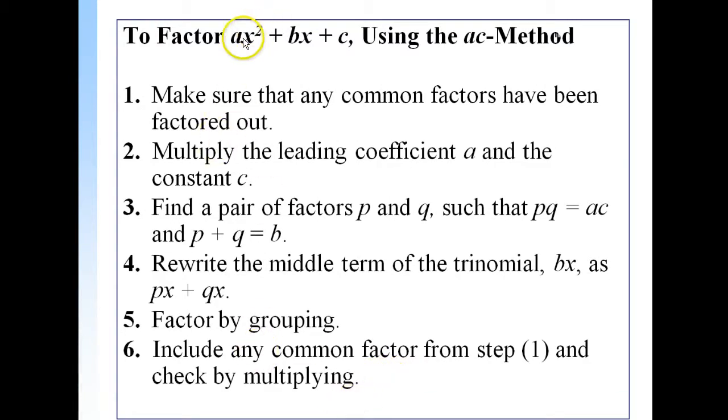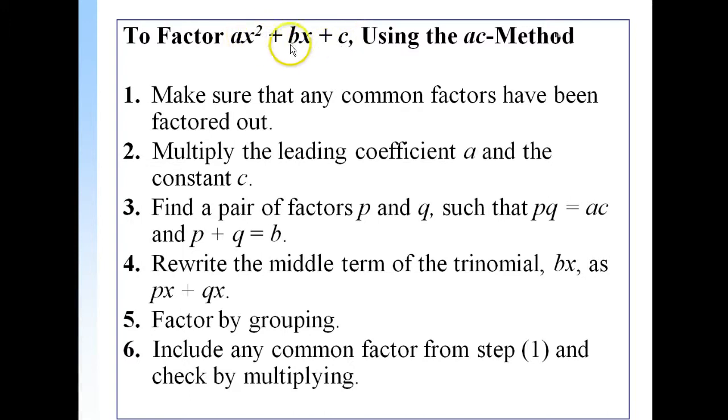Okay, now we're going to illustrate what is called the AC method. The AC method sets the expression in standard form. Again, the first term, the coefficient of x squared is a, the coefficient of x is b, and the coefficient of c is just itself, c.